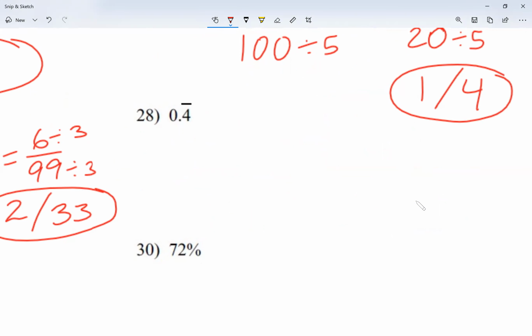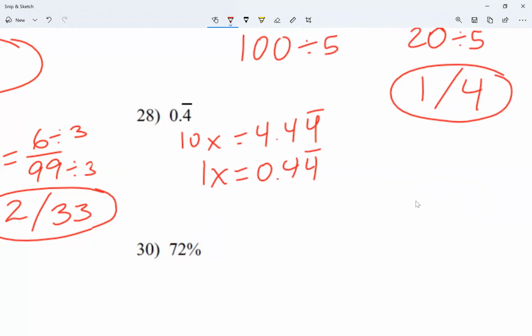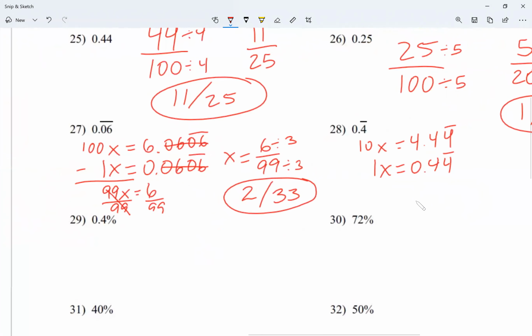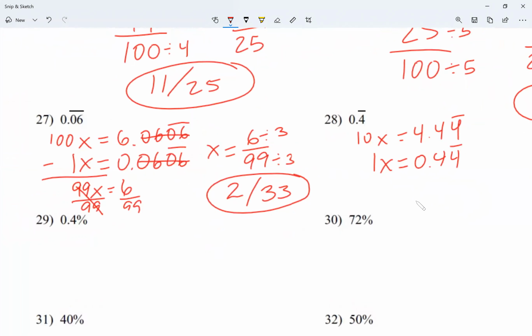I'm going to say that 1x, and I'm even going to write the 1 in front of it, 1x is equal to 0.44444444. So I'm just going to have it at that. But then I'm going to say 10x is equal to 4.4444 on and on. Now notice, before I continue, that on number 27, I said 100x.